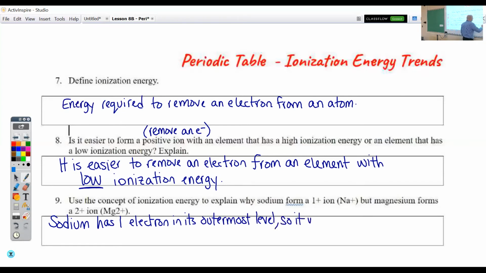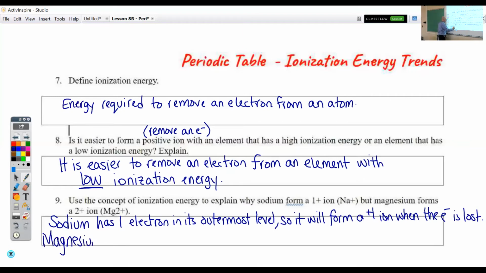So it will form a +1 ion when the electron is lost or removed. On the other hand, magnesium, which is in group 2, has 2 electrons in the outermost level.